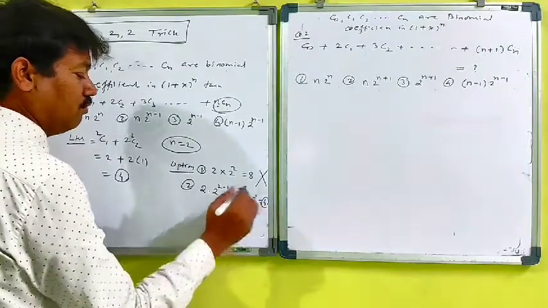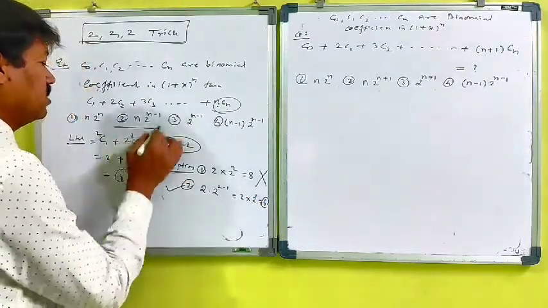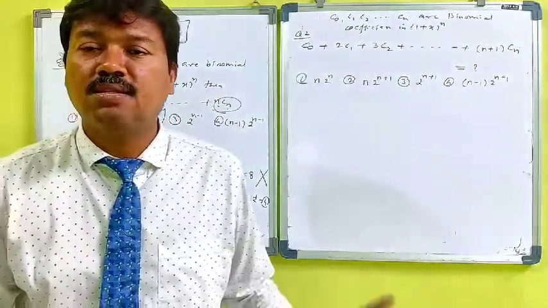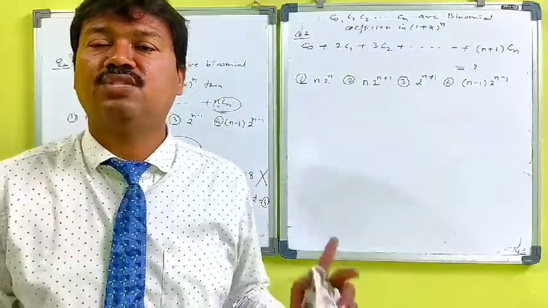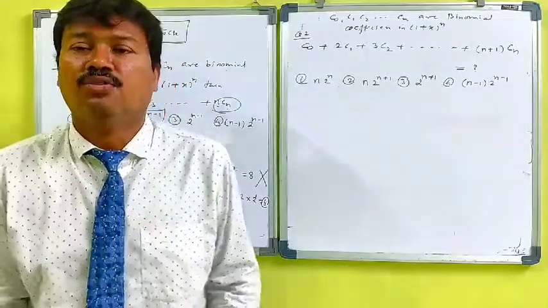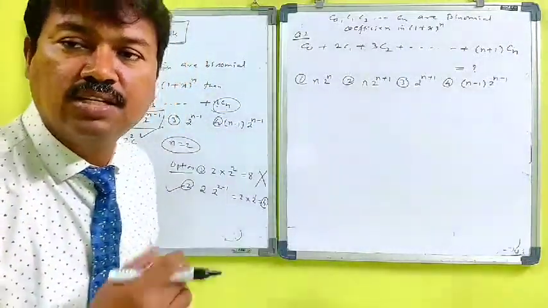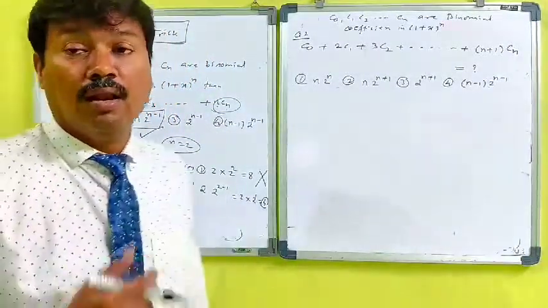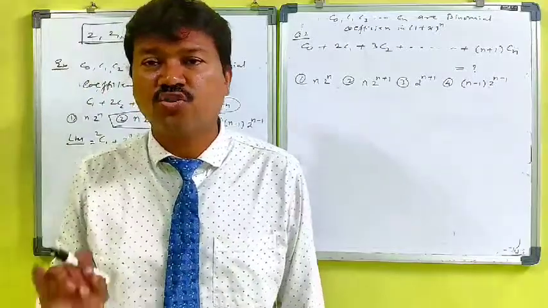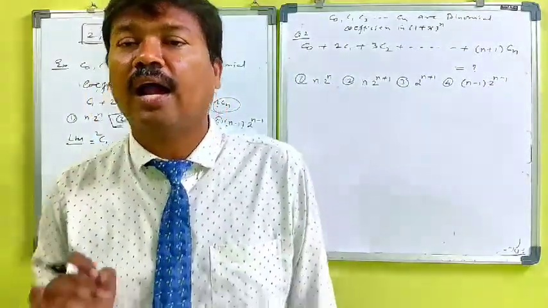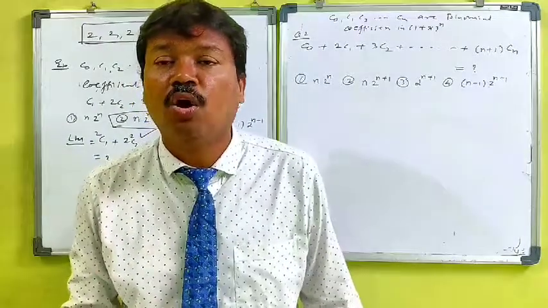So the answer is 4, which is correct. That means the second is your correct answer. Here we have to put the variable as 2. It's very simple. Just put the value of n as 2, solve the left hand side, and solve the options. Remember, that's why this trick is only applicable if the questions are MCQ, because there has to be options.